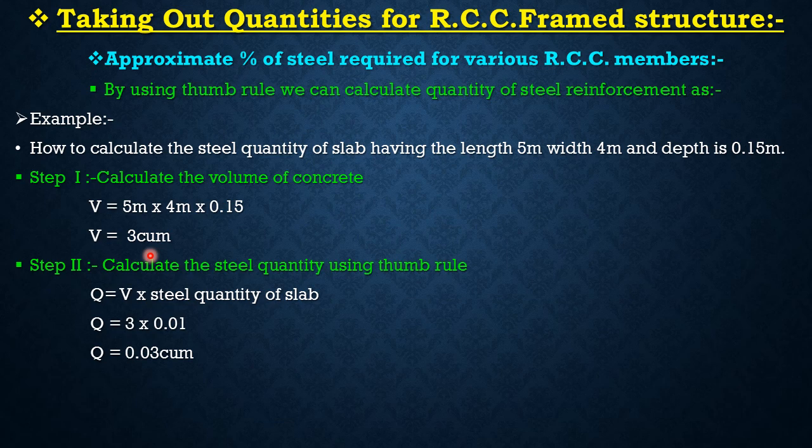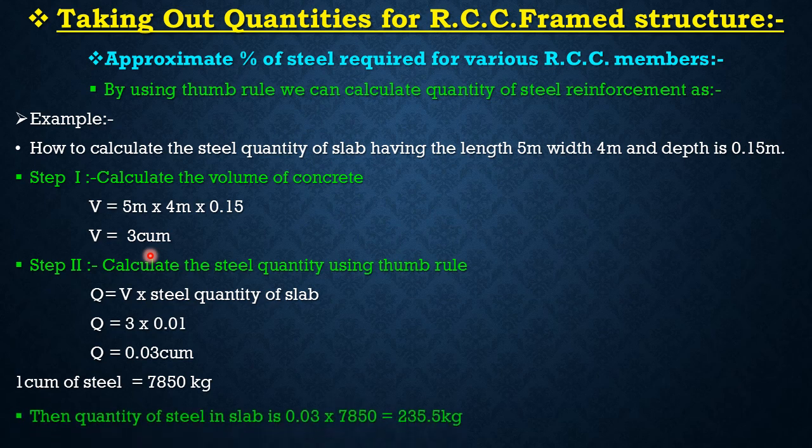But I have told you that steel quantity is not measured in cubic meter, so we have to convert it into kg. 1 cubic meter of steel is 7850 kg. So 0.03 cubic meter is equal to 0.03 into 7850, which is 235.5 kg. So the steel quantity of the slab is 235.5 kg.